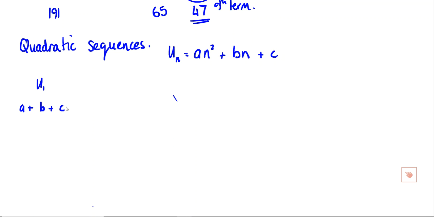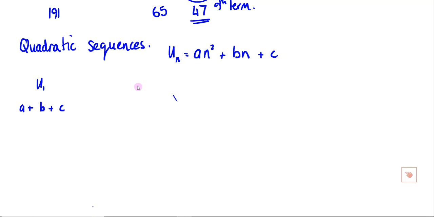So if n for u1 is going to be 1, that would be a times 1 squared, which is a. This would be b times 1, which is b. And there's no n in c, so you're going to have the c. So whatever a, b, and c are, the first term of a quadratic will be a plus b plus c.